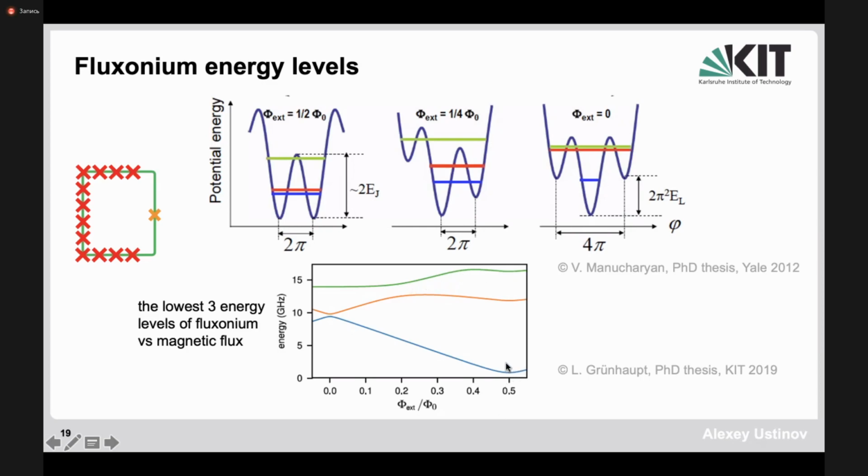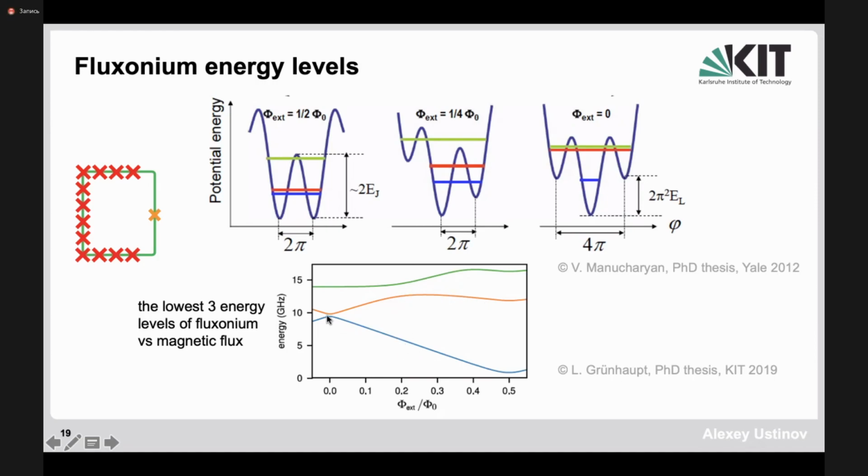And you see that if you go to half flux quantum, then the energy level separation, as shown on this very left picture above, is very small, while the energy level separation to the high state is very large. And then there will be also yet another state somewhere here, not shown on this picture. And if you vary the flux, for example, reducing it from half flux quantum to 0, then the energy levels change accordingly.